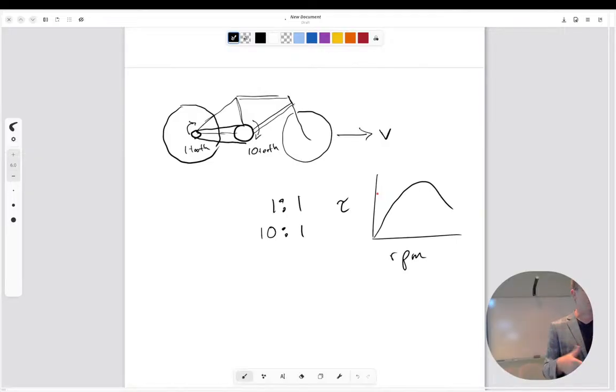But a person can only create about 2 rotations per second. Meanwhile, a car is creating 6,000 rotations per minute, which is 100 rotations per second. So you get a lot more power out of a car, but it's similar torque values.